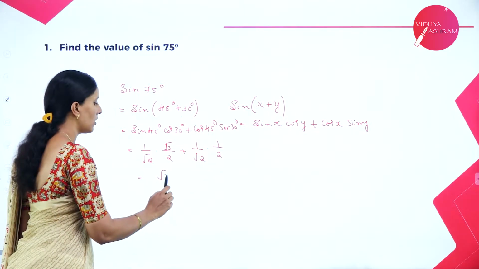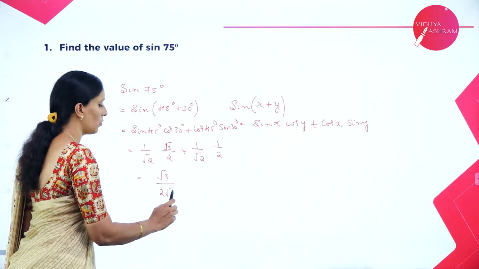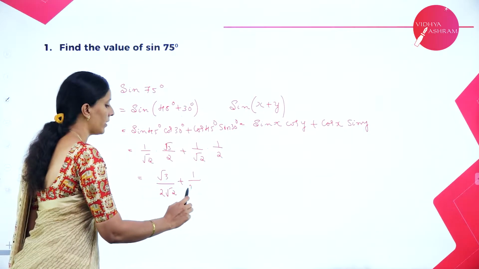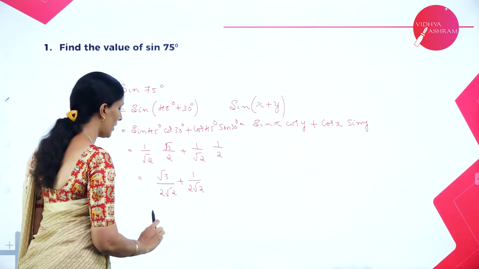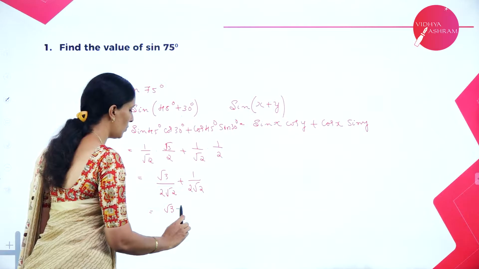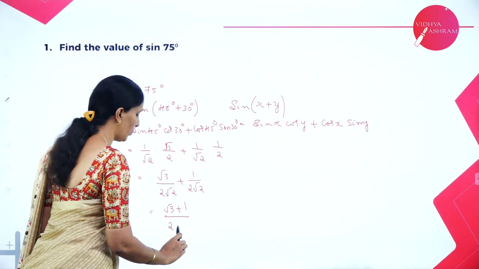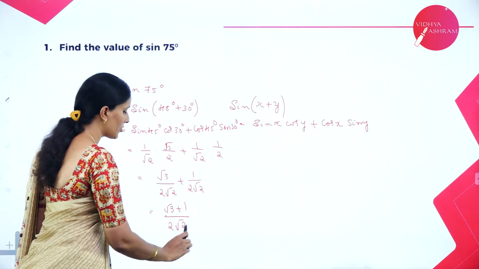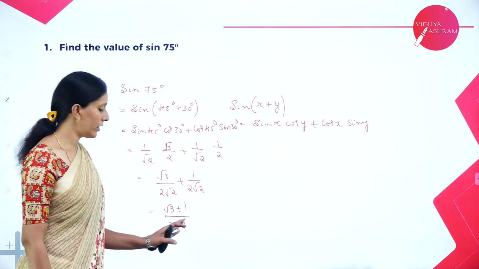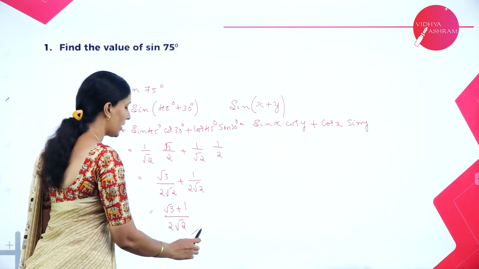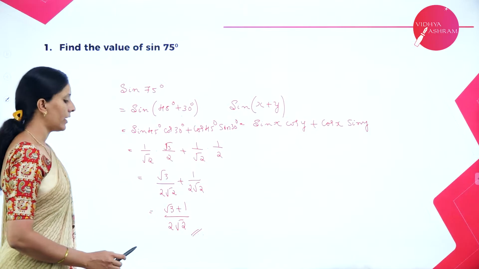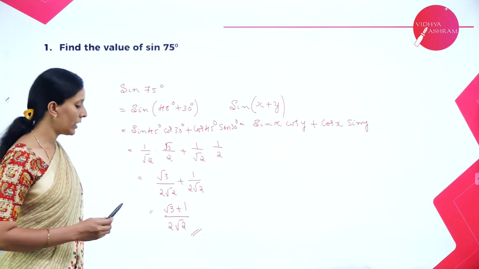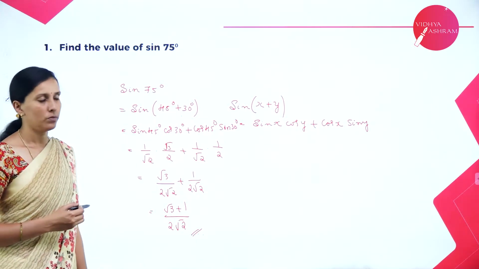So we will get root 3 divided by 2 root 2 plus 1 divided by 2 root 2. Therefore you will get the value as root 3 plus 1 divided by 2 root 2. You can also rationalize the denominator and convert it into rational form. So thus we can write sine 75 degree as root 3 plus 1 divided by 2 root 2.